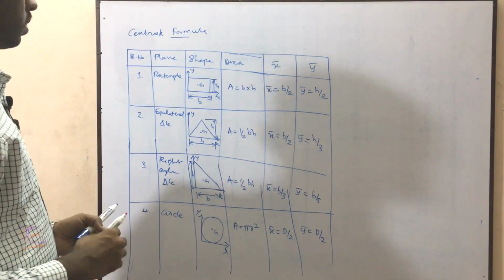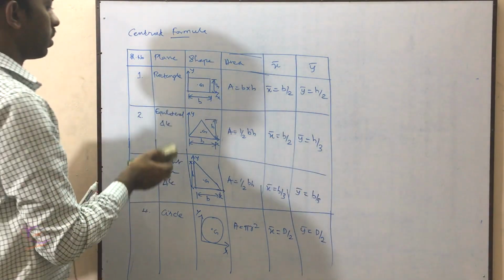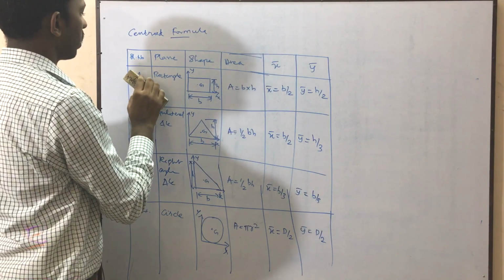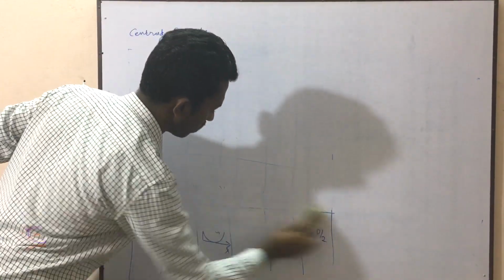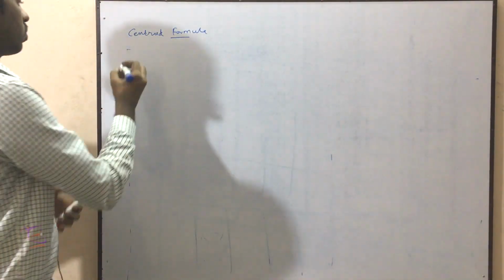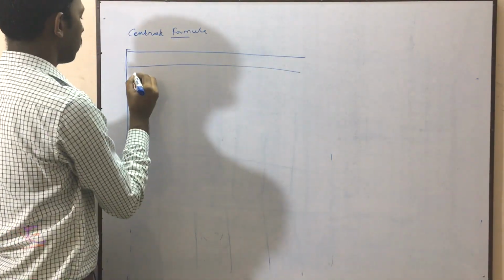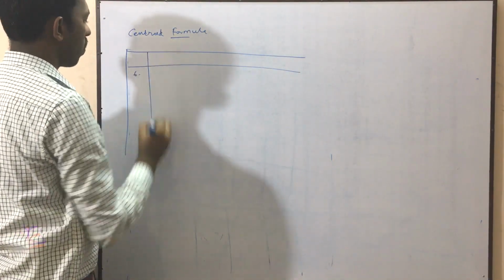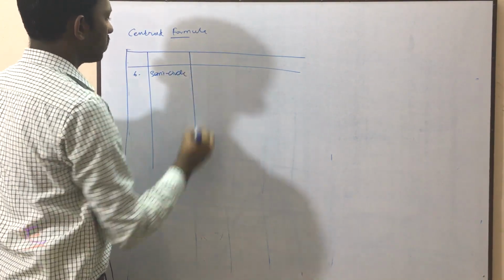Next, to replace this one, the next three elements. The next element will be the semicircle.